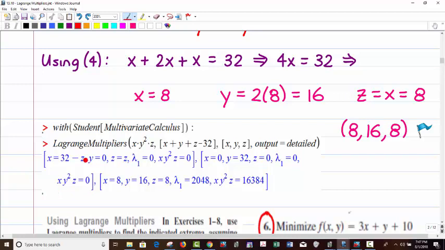So I'm not sure how it's coming up with those other ones, but anyway, here's our answer: 8, 16, and 8, and the lambda is 2048, which we didn't really need. We could have found out if we want to. And there's just the actual optimal value when you plug it back into this equation. So xy squared z is 16,384.